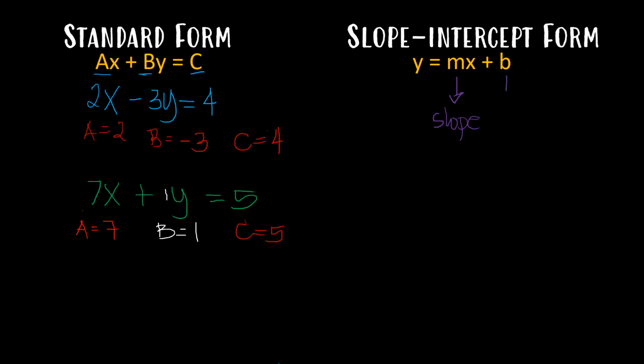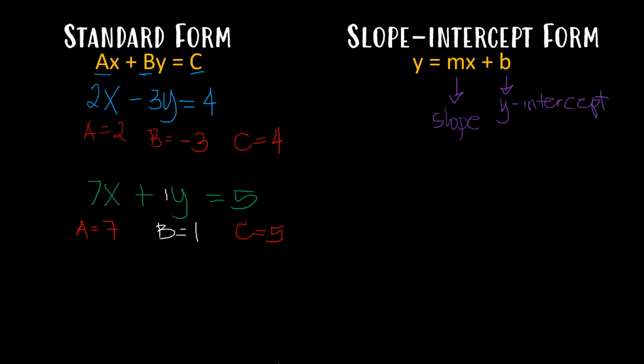At yung b natin, so this is the y-intercept. Okay? So, tandaan nyo sa slope-intercept form, nakahiwalay ang y without any other coefficient, kundi 1 lang. Okay? Wala dapat tayong number beside y na mas mataas sa 1.